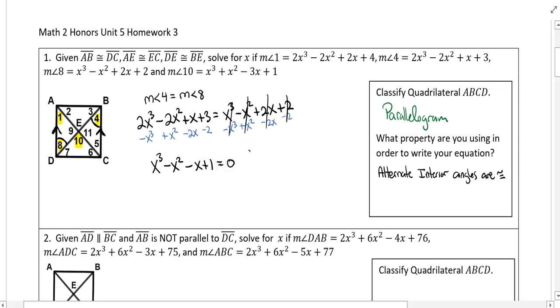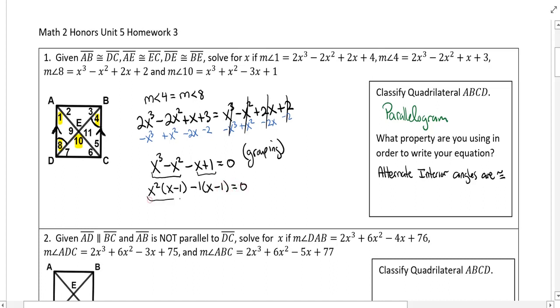We have 4 terms, so we're going to try to factor by grouping. The first 2 terms we factor out an x squared. What remains is an x minus 1, minus, last 2 terms we factor out a 1, and what remains is an x minus 1.